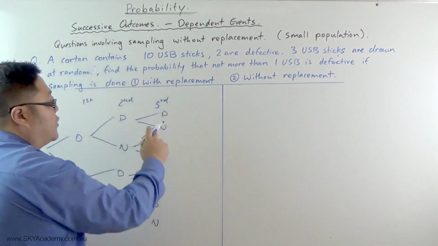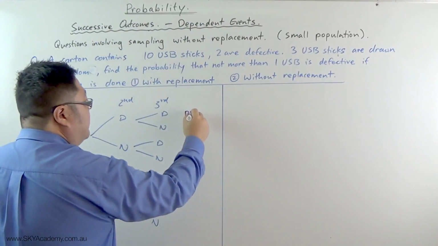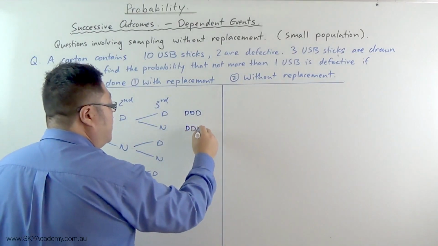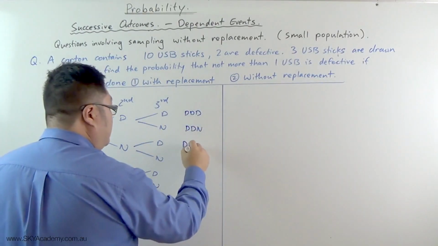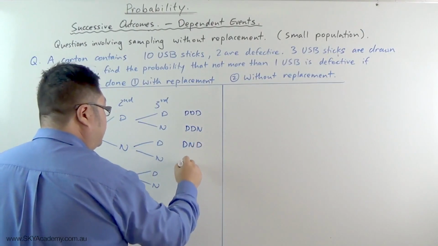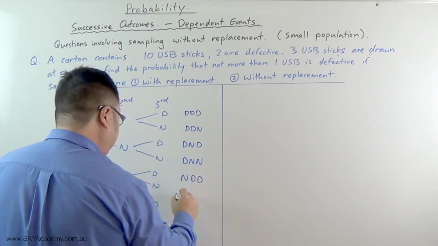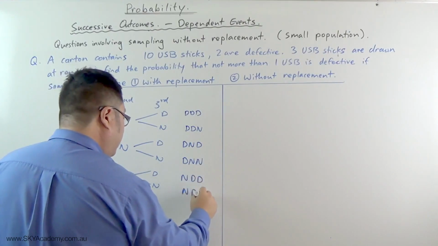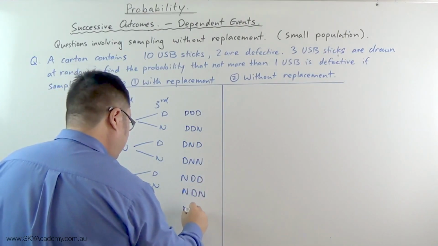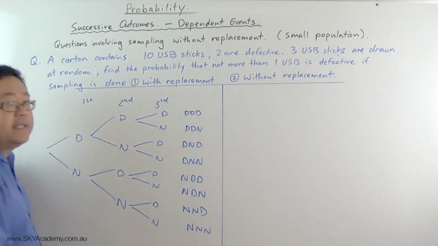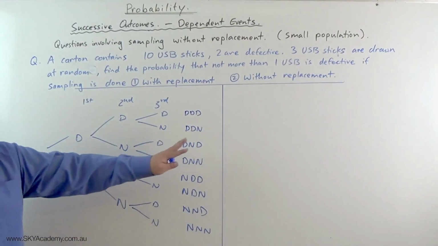So, your possible choices here are defective, defective, defective; defective, defective, non-defective; defective, non-defective, defective; defective, non-defective, non-defective; and so on. Does that make sense? They're your possible choices, right?